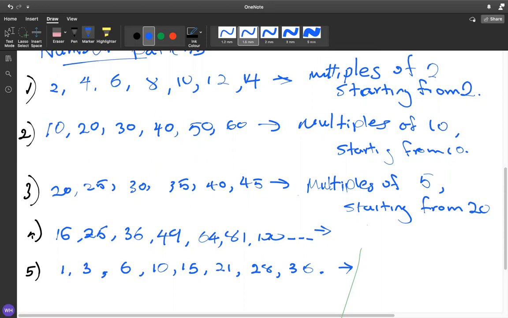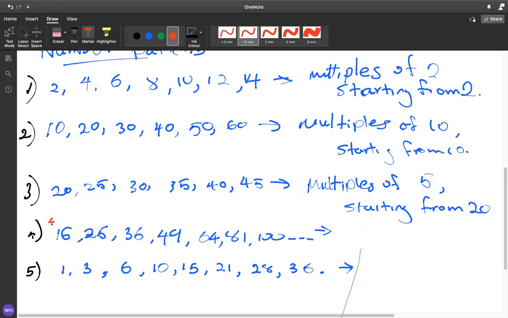Multiples of 9, really? Is 16 a multiple of 9? Is 16 a multiple of 9? Yes. What about Nikini? Do you have any idea about these numbers? No.